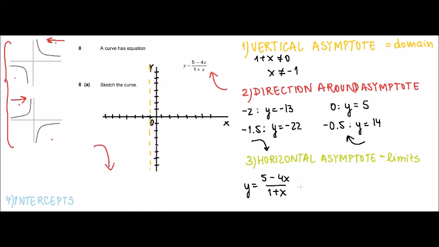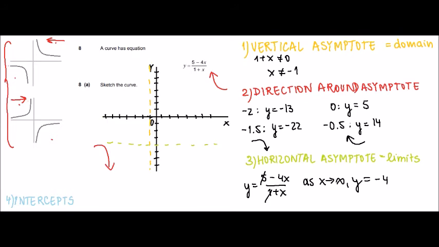But as x gets very, very large, this 5 and 1 aren't very relevant. So as x goes to infinity, there is -4 times a very big number over 1 times a big number. So y goes to -4. I'll sketch this in green, which will look like this on the graph.